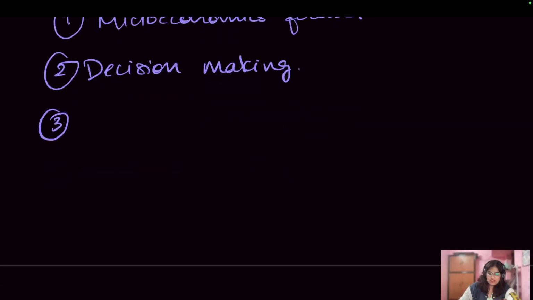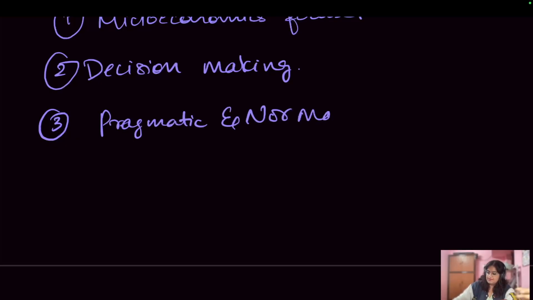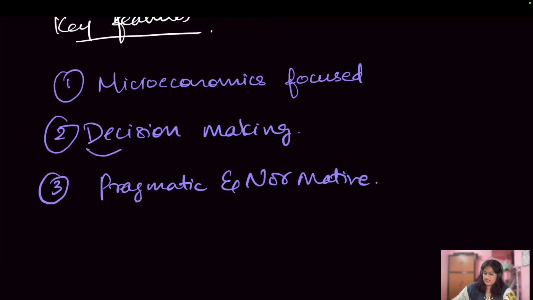The next feature is that it is pragmatic and normative. So here the point is that it doesn't just describe what things are, it suggests what a firm should do to achieve its goals. And here we are talking about actual steps that need to be taken to achieve your organization's goals.